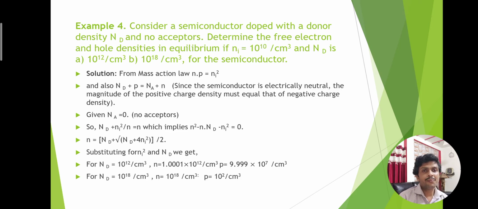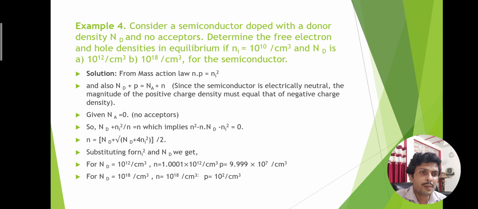Now determine the free electron and hole densities in equilibrium. The intrinsic carrier concentration is 10 to the power 10 per centimeter cube, and Nd is 10 to the power 12 per centimeter cube. Therefore, you need to find the free electron and hole densities.